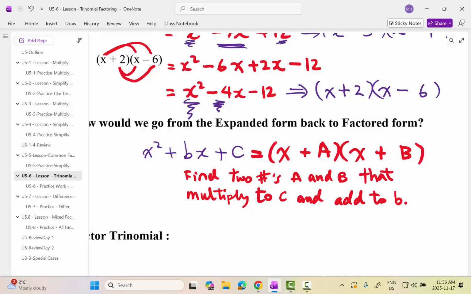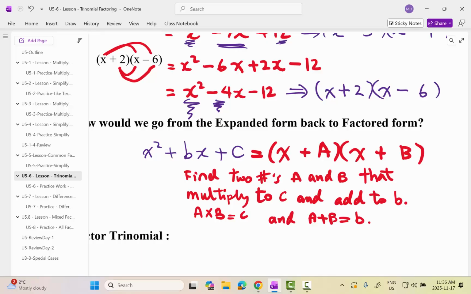So I need A times B to equal C, and also A plus B needs to equal little b. Does that make sense? Yes?